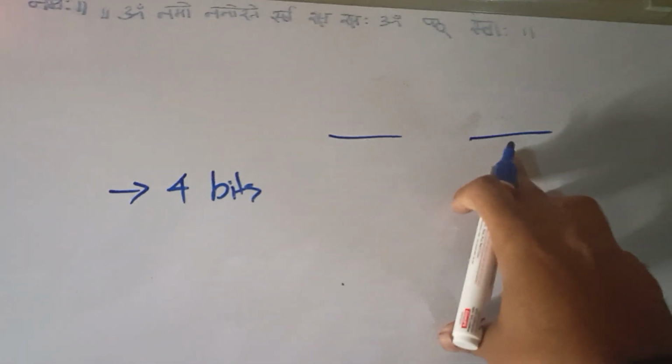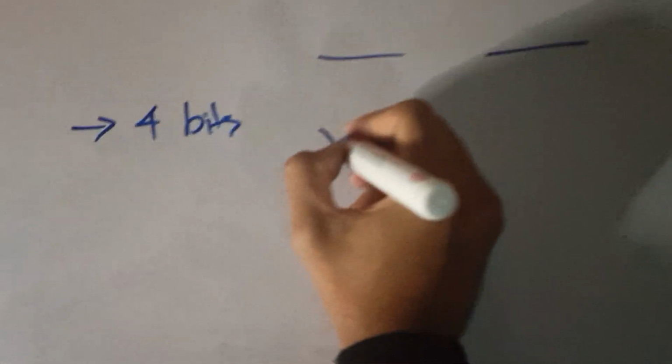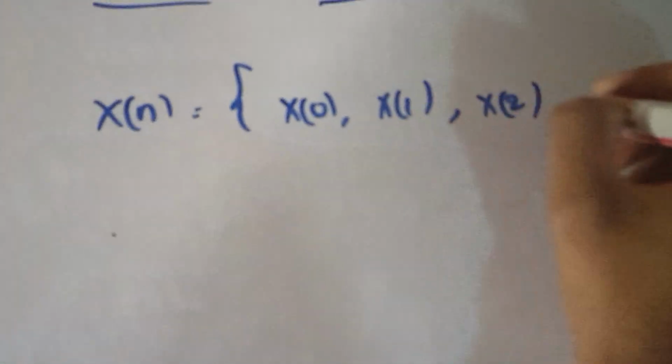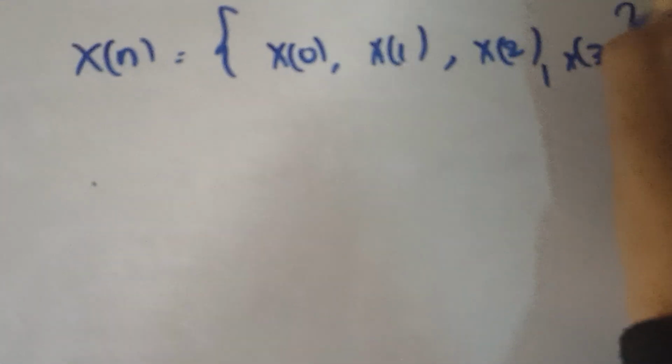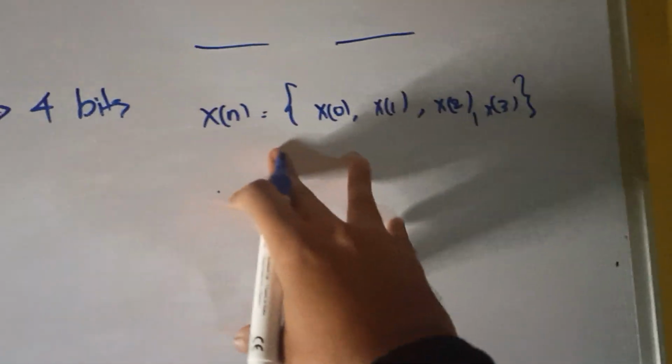First understand that, and if it is FFT, write down the names over here, that is time domain and frequency domain, and we must always go from left to right. As it has 4 bits, x of n would be x of 0, x of 1, x of 2, x of 3. Now we need to understand the decimation in time fast Fourier transform of this sequence.